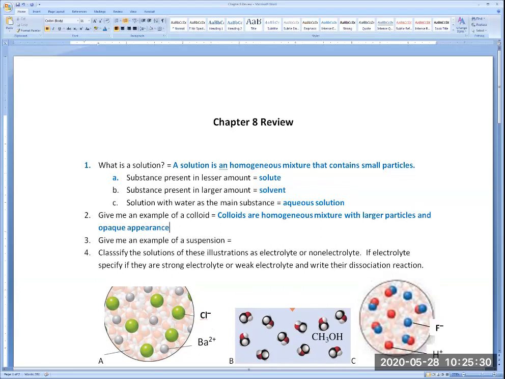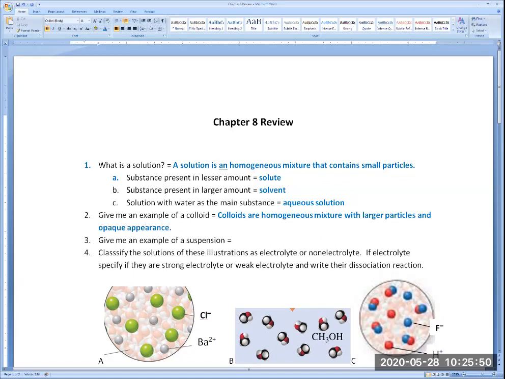They have an opaque appearance. Opaque means it's not transparent, right? Opaque doesn't let you see through it. It's blocking the light, blocking visibility, right? So colloids are homogeneous mixtures with larger particles and opaque appearance.